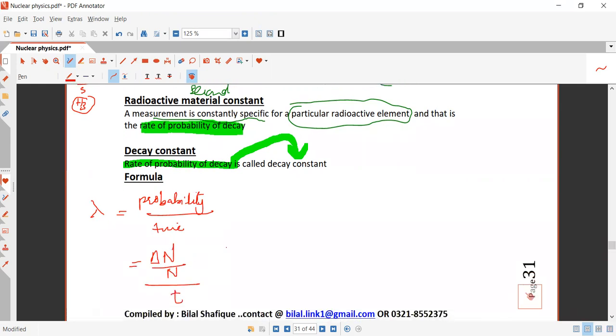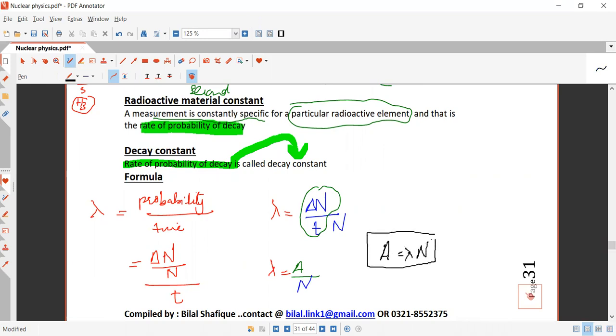If we simplify it, it's going to be lambda equals delta N by time into N. Students, if we have a look at this, this is the activity. So lambda equals activity divided by N. So the whole formula is A equals lambda N, a new formula for us in nuclear physics, right?